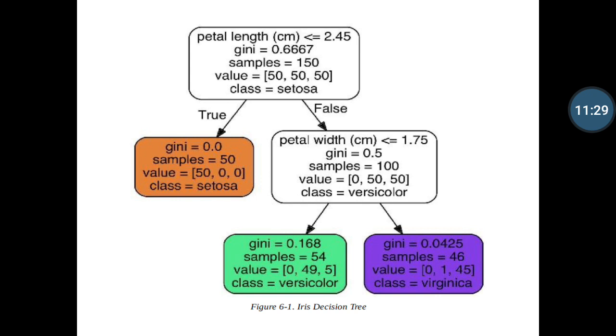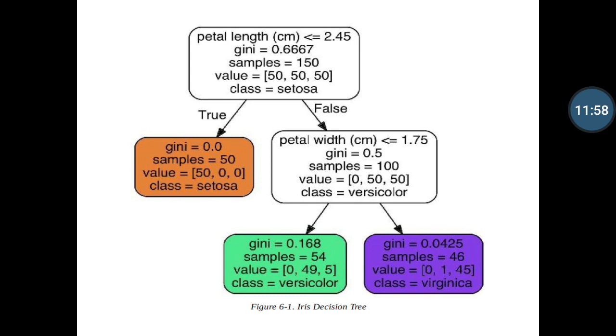Basically it is a condition that is run by the decision tree algorithm. So I am putting here the two concepts. If the condition is true, then gini is equal to 0.0, samples is equal to 50, and value is equal to 50, 0, 0, and class is equal to setosa.